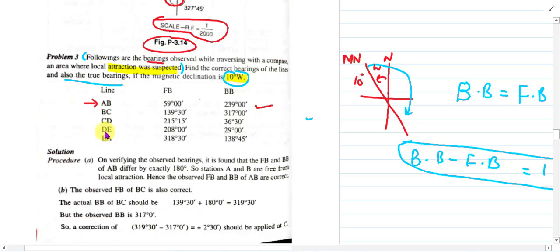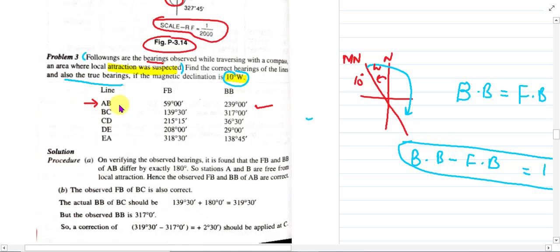In this case, we will assume that both stations A and B are free from local attraction. In this case, the reading taken from point A and the reading taken from point B will always be correct.